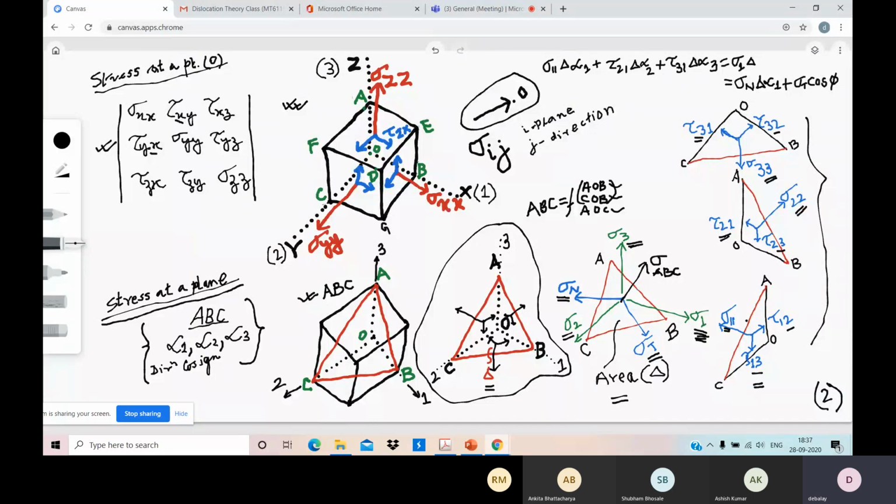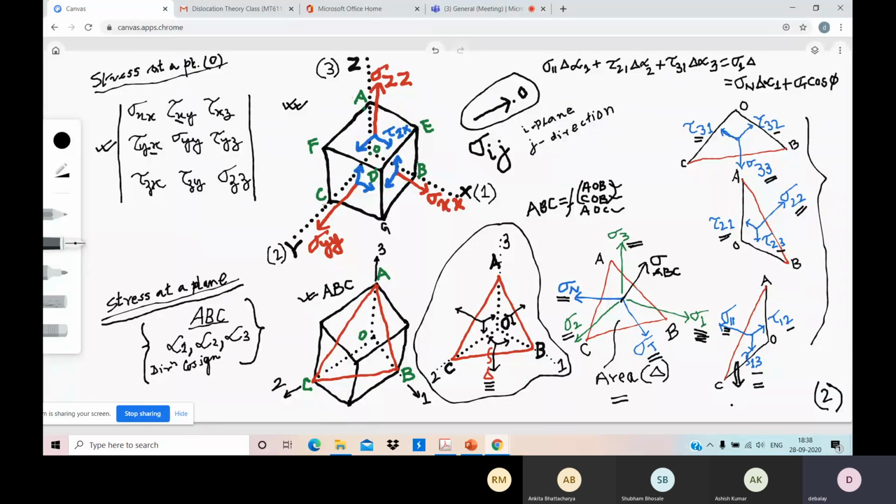So how much force is contributed by the sigma 1 stress? To know that, what we need to know is the area of AOC. What is the net area of AOC? We know the area of the inclined ABC plane is delta. So what is the area of AOC?